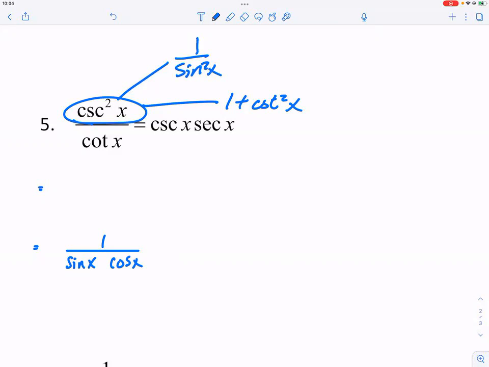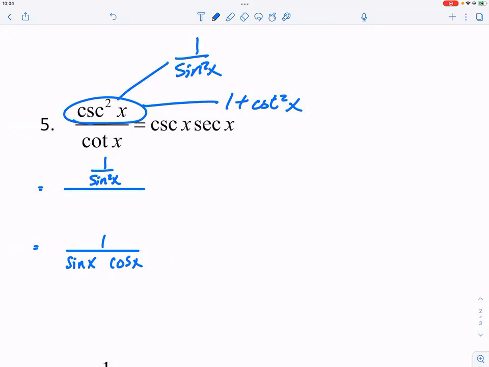You are thinking about the possibilities of rewriting cosecant square x, and you see which one is more likely. Now I'm going to write this down as a complex fraction first.